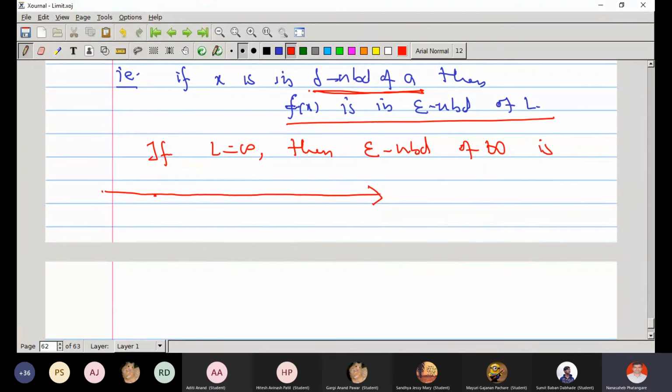Yes, sir. Okay, so if you look at the real line, where is infinity? At the right end of the real line, there is infinity, correct? So how will you visualize the epsilon neighborhood of infinity?